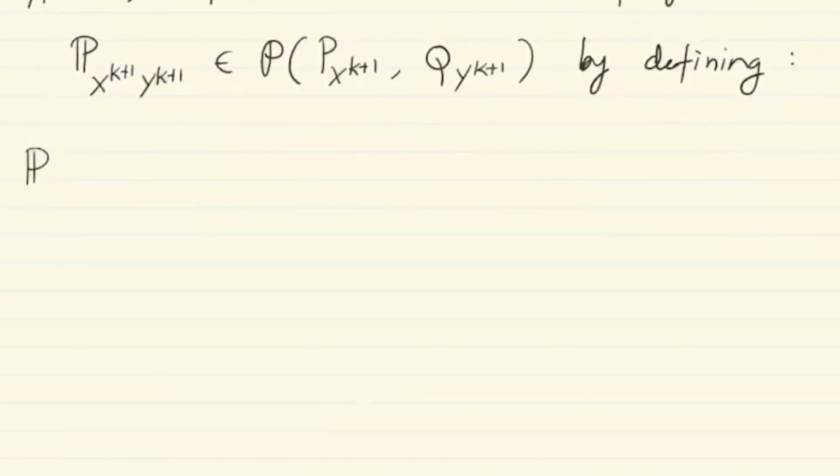So symbolically, if we want the joint distribution on x^(k plus 1), y^(k plus 1), how you can generate a joint sequence with the respective marginals is that you first generate xk, yk. So, you first generate xk comma yk using the existing coupling that is guaranteed by the induction hypothesis.